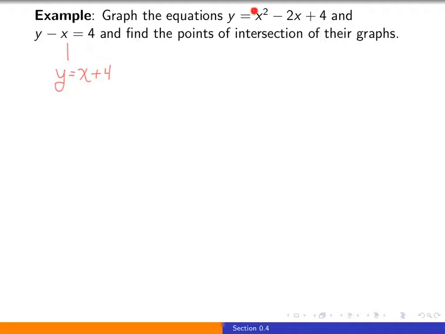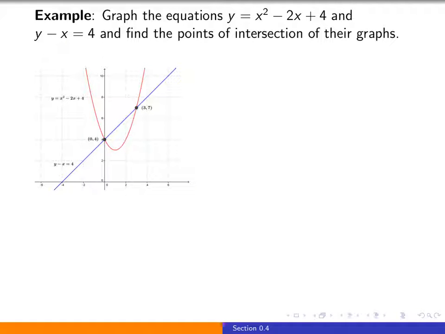The leading coefficient is positive, so it opens upward. And if you were to sketch it on your graphing calculator by getting enough points and connecting the dots, this is what the two graphs would look like.